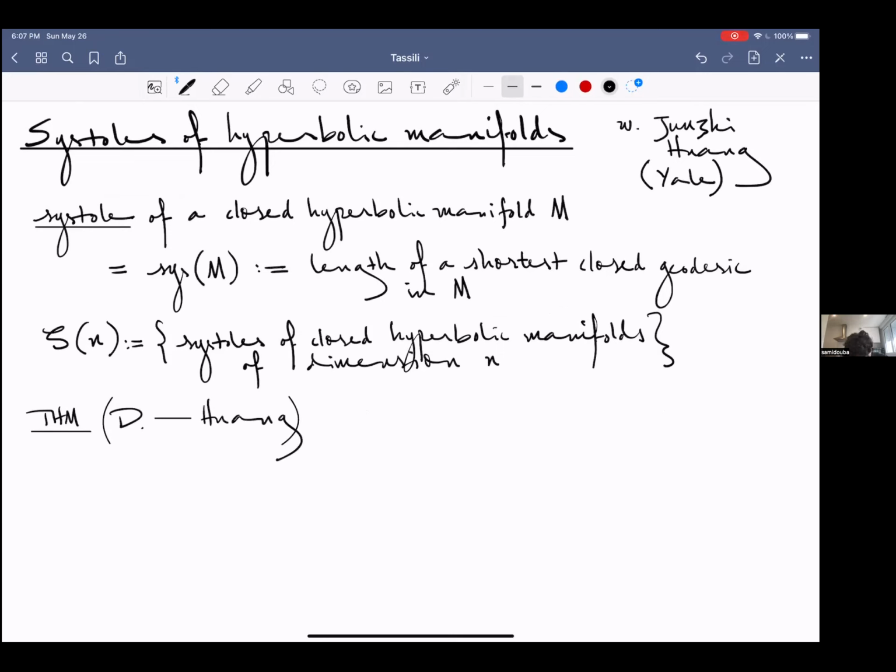The result is that this set is dense in the positive reals for every n.